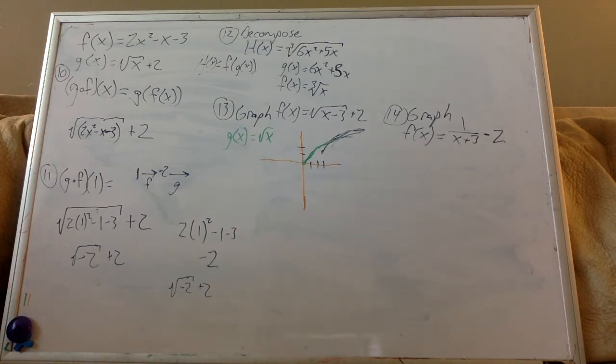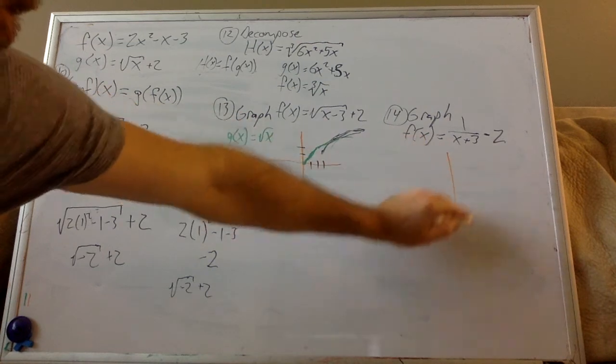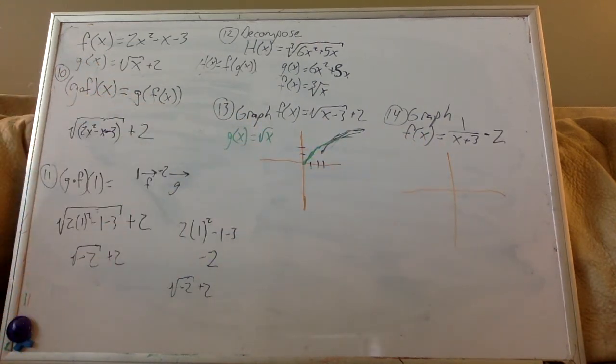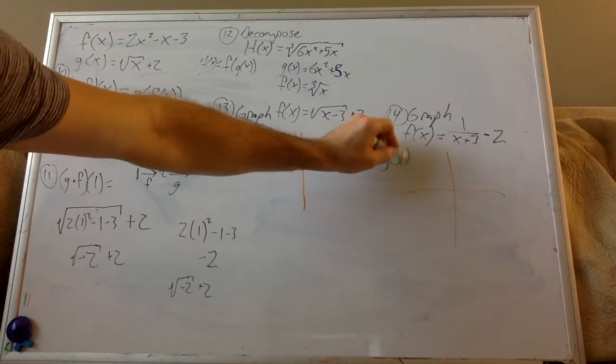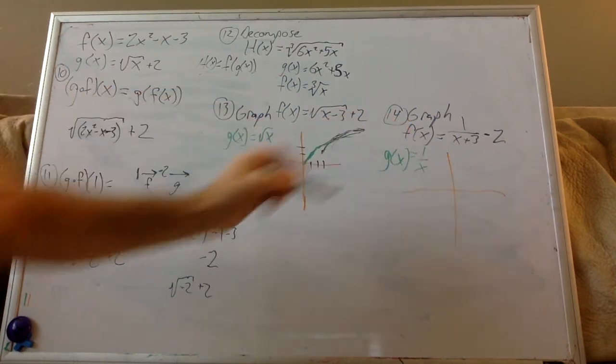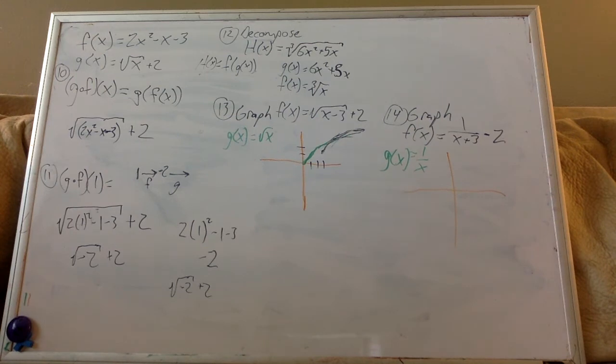Okay. Now we can do a similar thing with our function over here. In this case, our base function is just 1 over x. And if you think about what 1 over x is, if I take a big number, it makes it small, and if I take a small number, it makes it big.